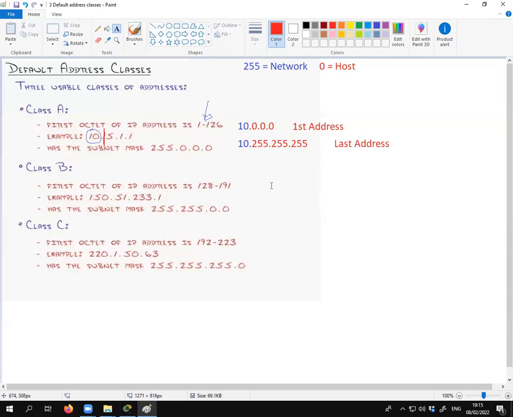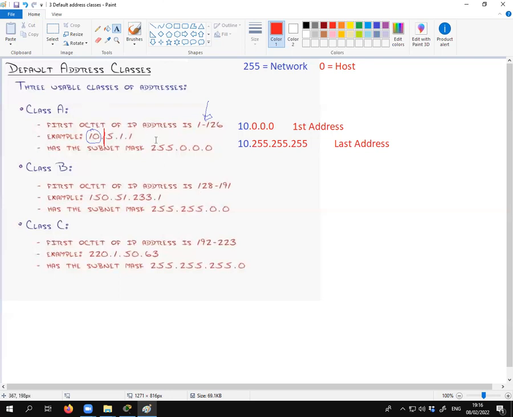Sorry, can I just ask there, is the only way to identify it as a Class A IP by the subnet mask? Not by the subnet mask. The only way to identify it is by where the first octet is, not by the subnet mask. The subnet mask is flexible. The subnet mask can be changed.